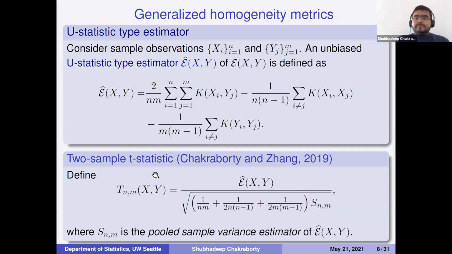We are appropriately scaling this U statistic type estimator by its pooled sample variance estimator. It's kind of similar to the two sample t-test for equality of means in case of equal variances.